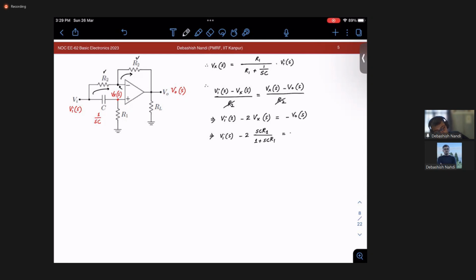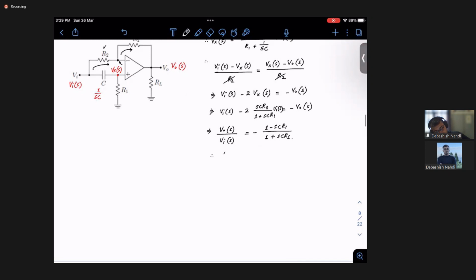So your Vout of S by Vin of S will be nothing but minus of 1 minus SCR1 over 1 plus SCR1.